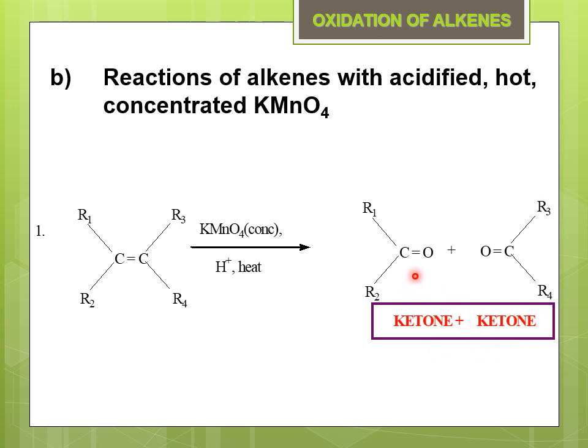The first ketone is going to have R1 and R2 occupying the left part of the alkene here. And the second ketone would have R3 and R4. It comes from the right part of this alkene.